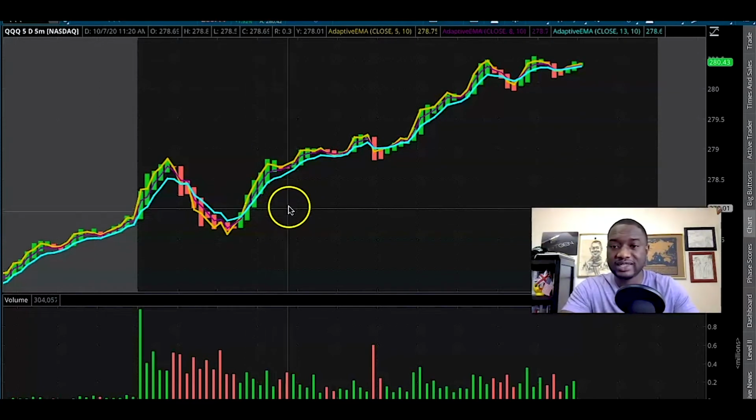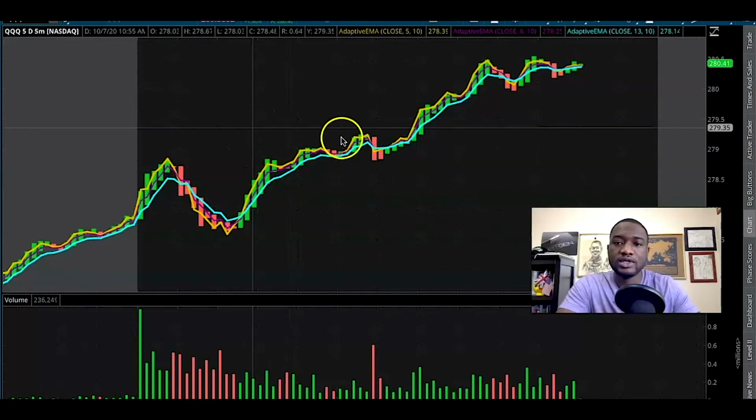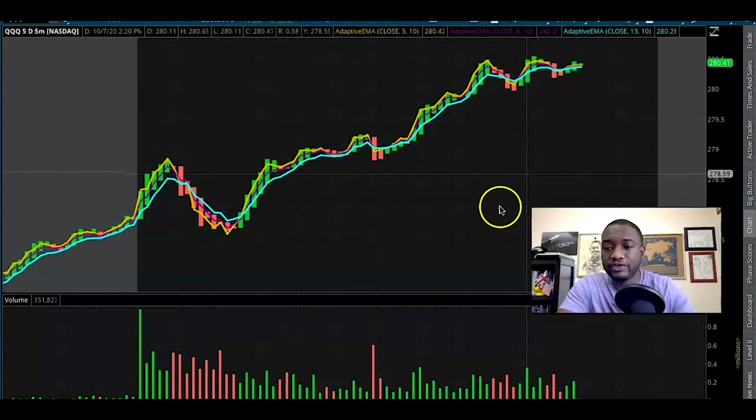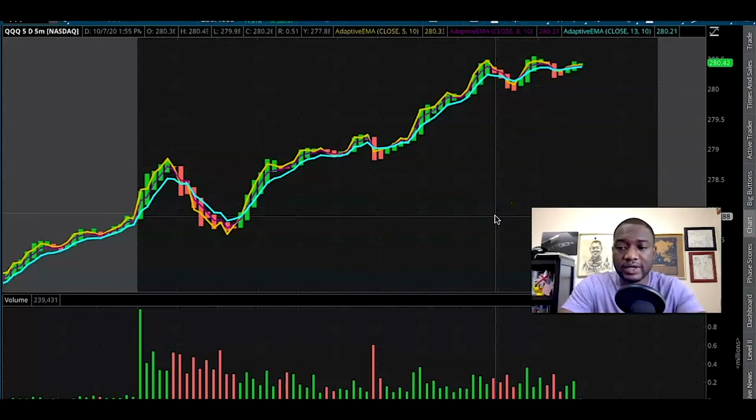Let's move on to the next tool that we need for a systematic way of trading. In order for you to add the MACD histogram crossover, you're going to need to go to studies.